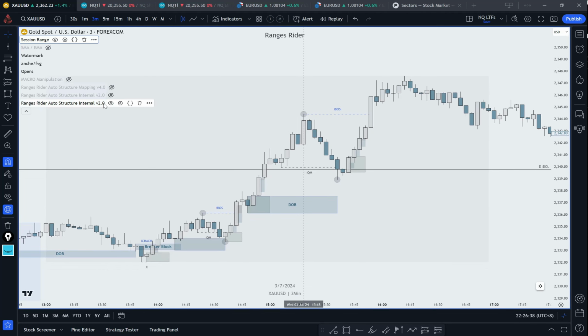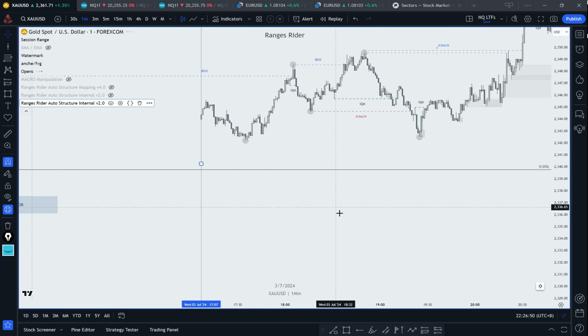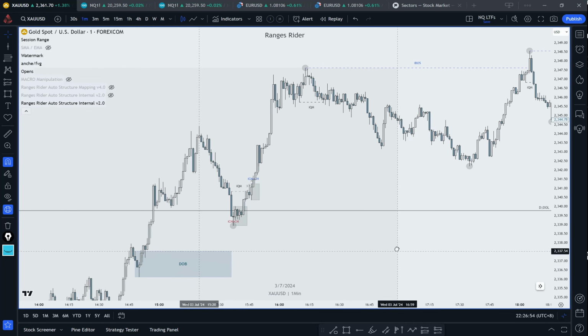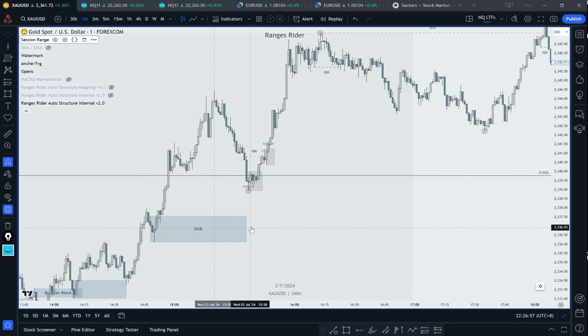In this case, I will move this 1 minute range from there to here. Now I'm going to anchor from here. And we go back on the 1 minute time frame. And in this case, what we have, this is the DOB and this is the QM.